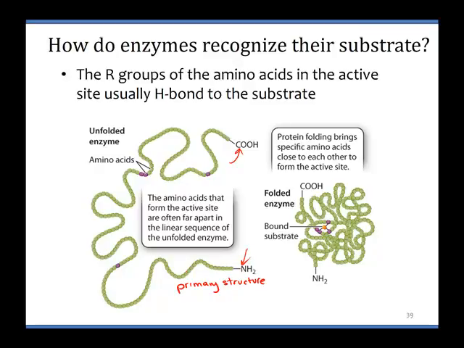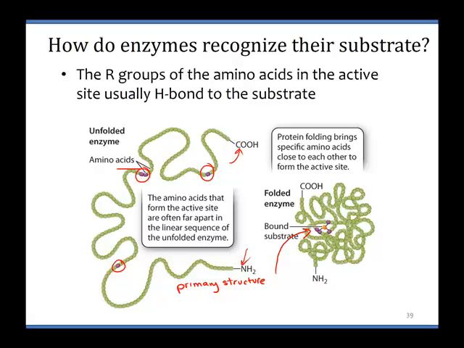So here, when this enzyme folds fully, it's only certain amino acids that will actually end up in the active site. It's these purple guys right here. So when this enzyme fully folds, all those purple guys will end up close to each other, forming the active site.